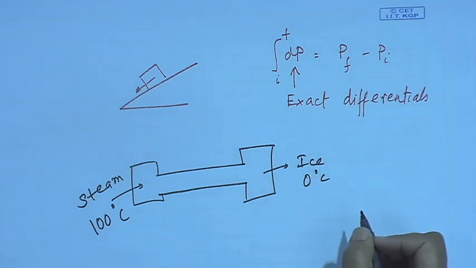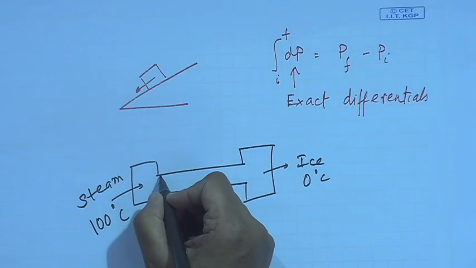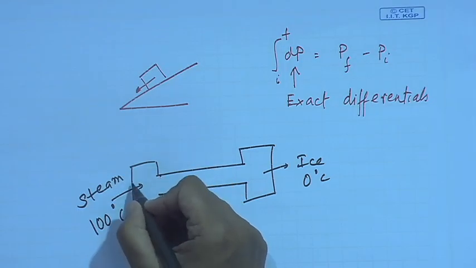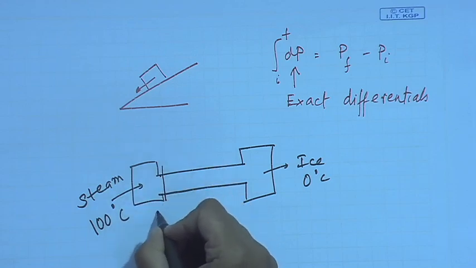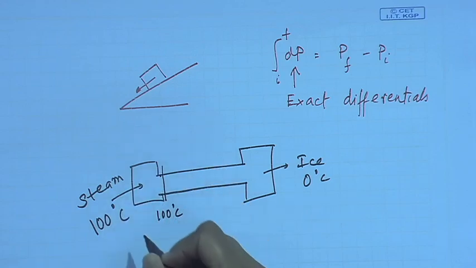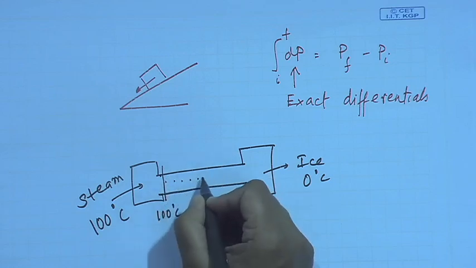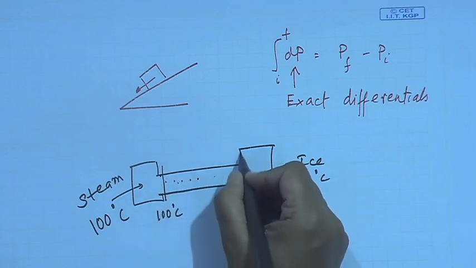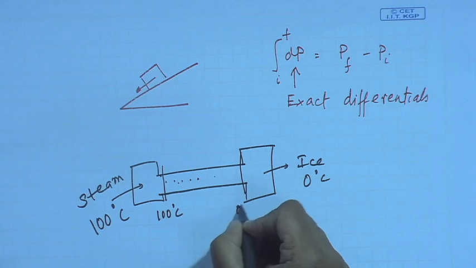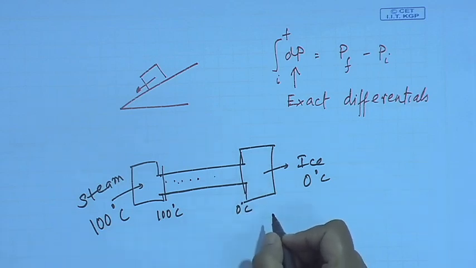You keep the copper rod in this manner for a sufficient time. What happens? We find that the end of the copper rod which is immersed in steam has a temperature of 100 degrees centigrade. The temperature keeps on decreasing as you proceed. Finally, the temperature at the other end is 0 degrees centigrade.